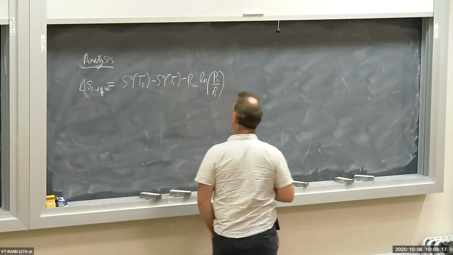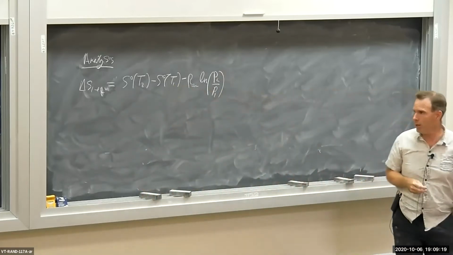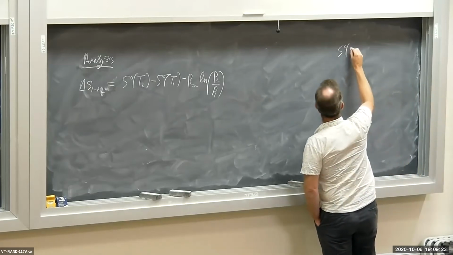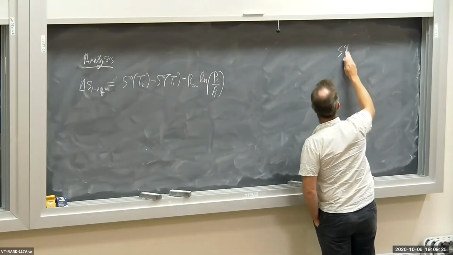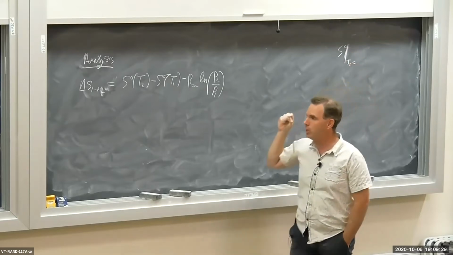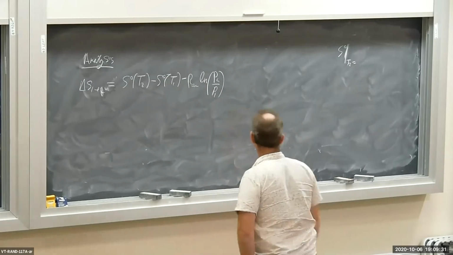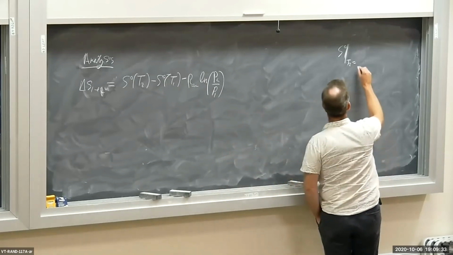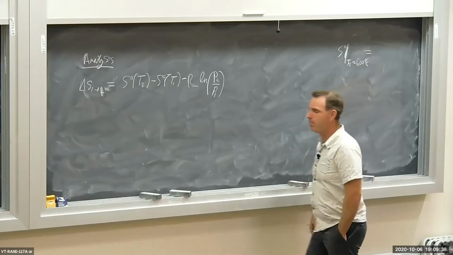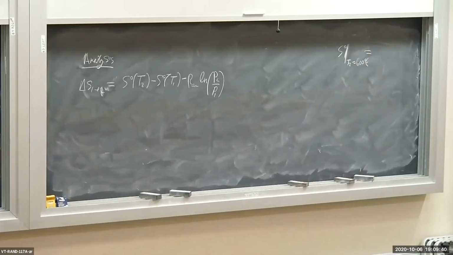Now let's figure out what some of this stuff is. Let's go look up in a table S naught evaluated at T2. What's our temperature at the outlet? That is 600 degrees Kelvin, so it's hot at the outlet. Okay, so let's look up S naught evaluated at 600 degrees Kelvin.